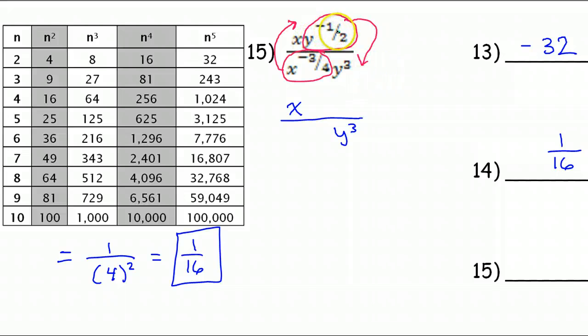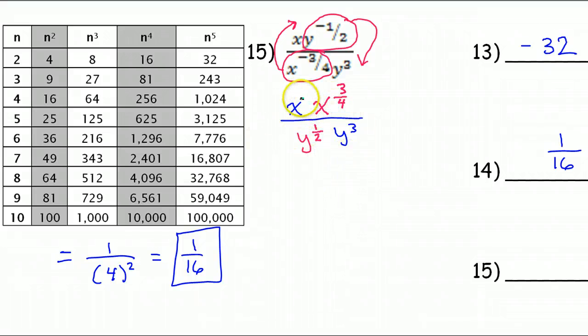Now this y to the negative 1/2 power is going to come down as y to the positive 1/2 power. This x to the negative 3/4 power is going to go up and become x to the positive 3/4 power. Now I don't have those pesky negative signs which cause students to make so many mistakes.